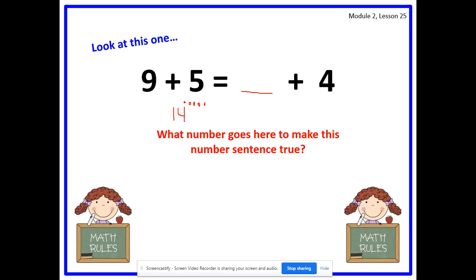Now remember, you can write an equal sign so that you remember that both sides have to equal 14. Well, we have a part that's 4. So we are missing a part to make this number sentence true. So what plus 4 can equal 14? Go ahead and press pause and let's see if you all number detectives can solve this on your own. Press play when ready.